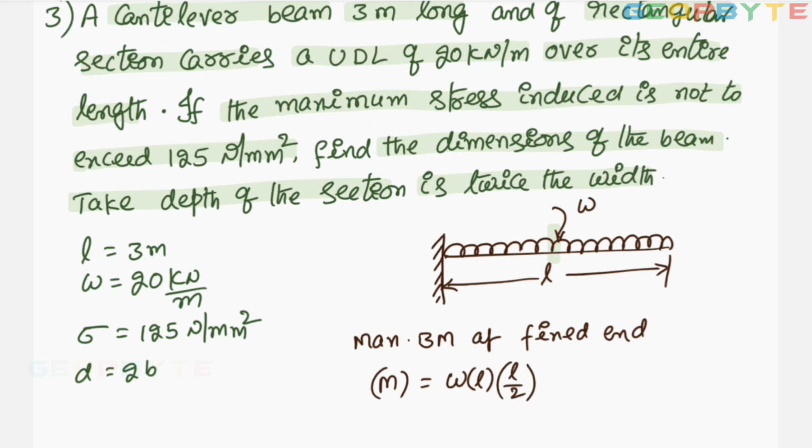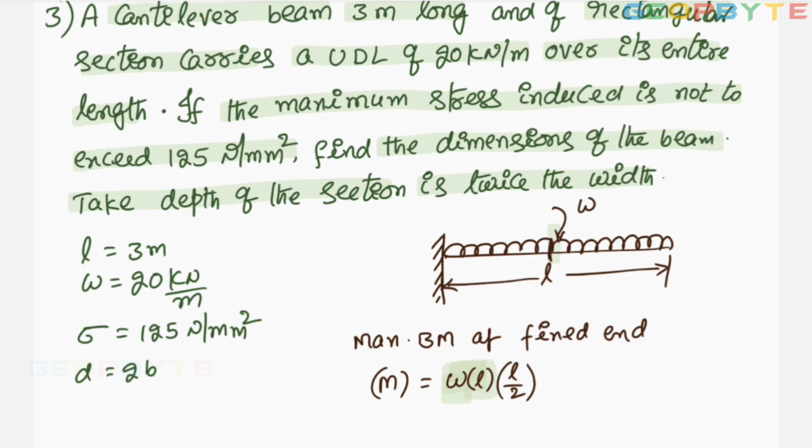I hope you understood. First I converted from UDL to point load by multiplying UDL with UDL distance. Once I got the point load, I am assuming that the resultant point load is acting at the middle of the beam.